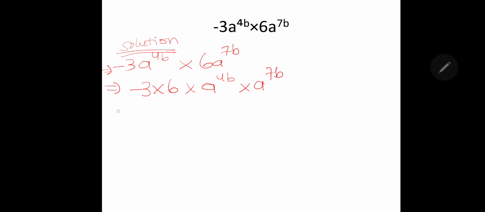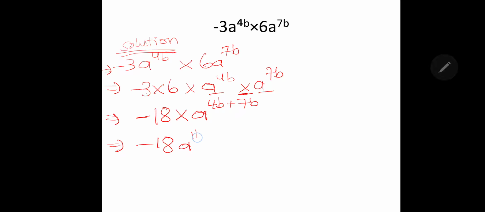So this implies negative 3 times 6 is negative 18 times a. When two same bases are multiplying, you add their index. So b and b can be added. So negative 18a to the power 4b plus 7b, so it's 11b, and that is our final answer.